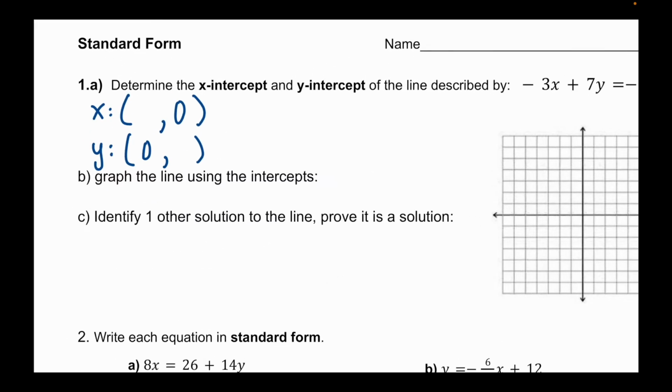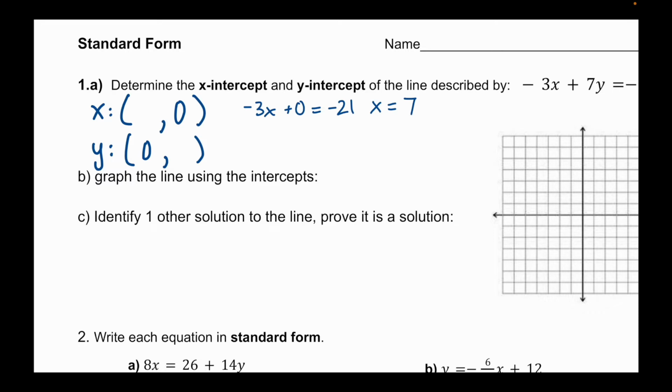So I'll actually show some work here, but later on I might just do my solutions that way. So this would be negative 3x plus 0 equals negative 21. So that's going to give us that x is equal to positive 7, because we would have negative 21 divided by negative 3.